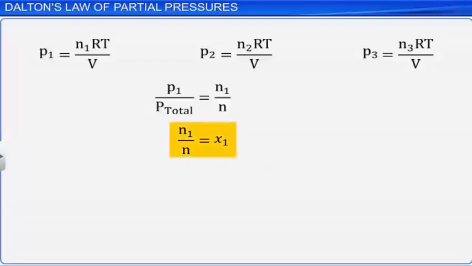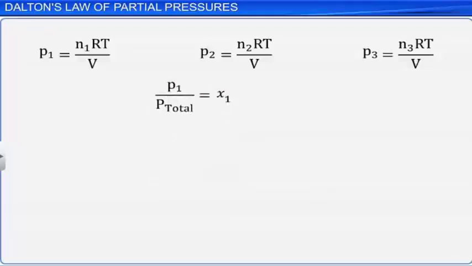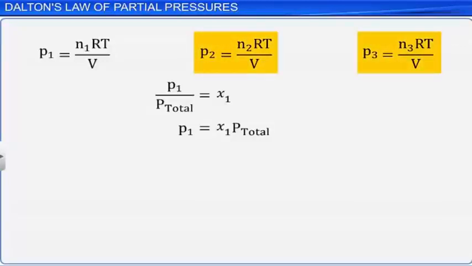This equation can be written as P1 is equal to x1 multiplied by P total. Similarly, for other two gases, we can express partial pressures as P2 equals x2 multiplied by P total and P3 equals x3 multiplied by P total.